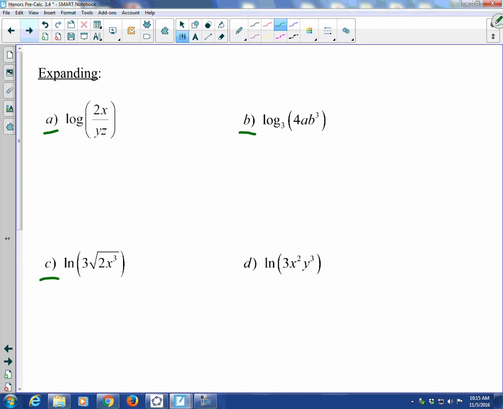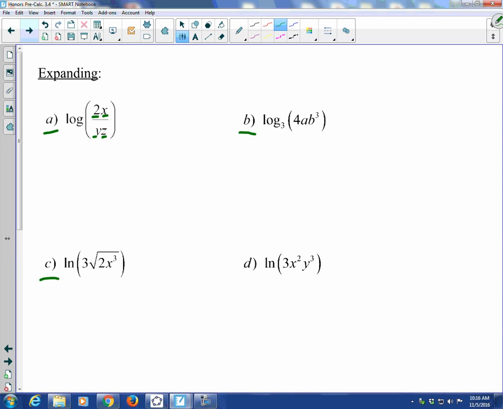So right here, looking at A, we've got the common log of 2x divided by yz, right? So if we're expanding this out, we're already a multiplication of bases in the numerator and denominator. We don't have any powers here, but that's okay. So what we would say is we're multiplying 2 things in the numerator and 2 things in the denominator.